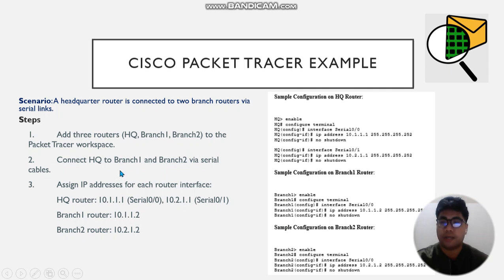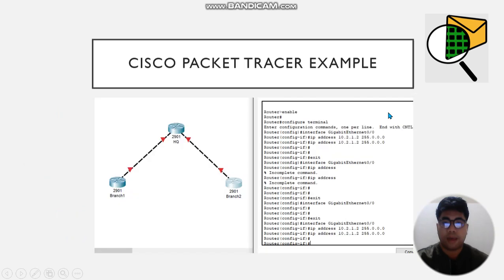Then connect the headquarters router to Branch 1 and Branch 2 via serial cables. And then lastly, assign IP addresses for each router's interface. On the right side, you can see the sample configuration that I have created on each router, and I will show you my screenshots that I created in Cisco Packet Tracer as well.